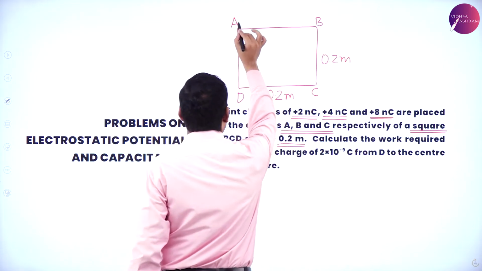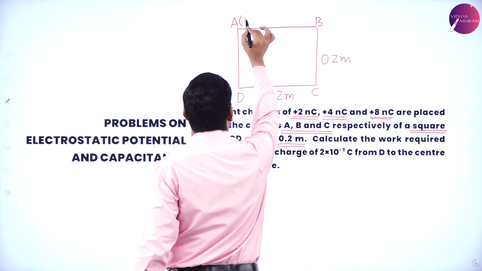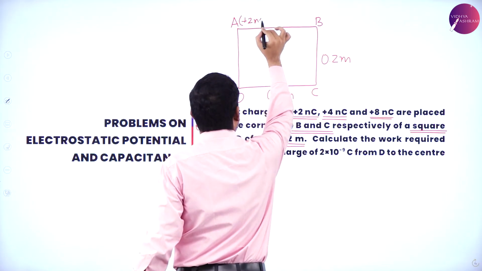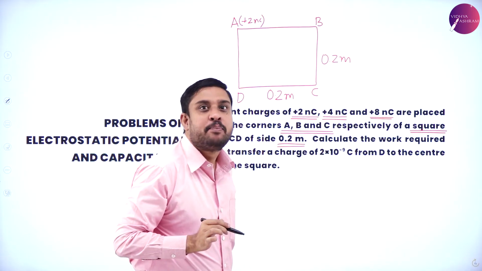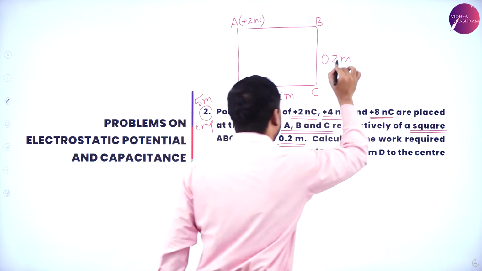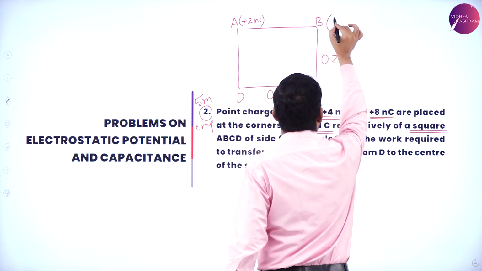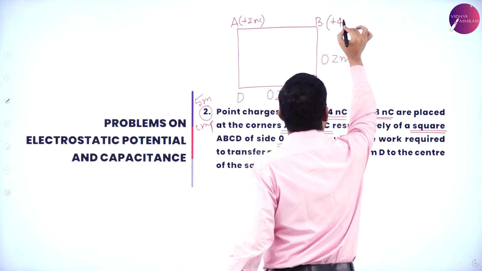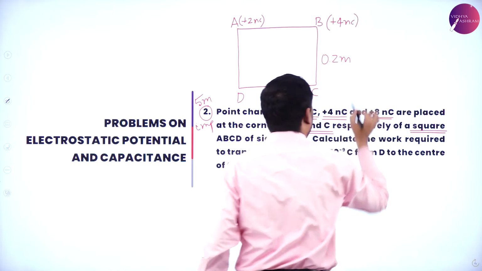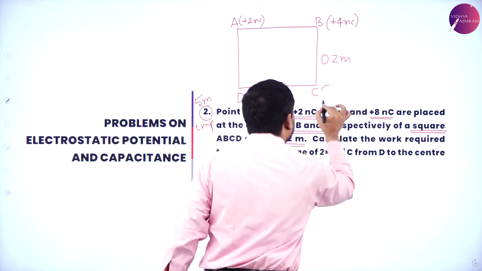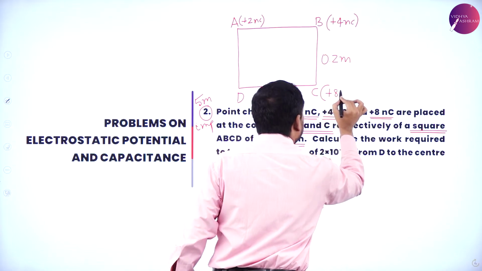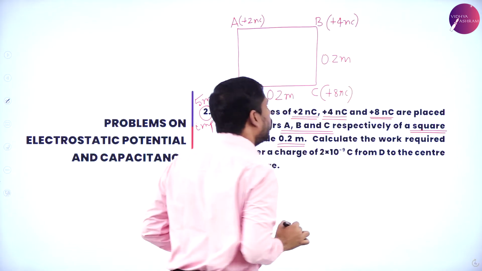Plus 2 nanocoulomb. Charge placed at B? Plus 4 nanocoulomb. Charge placed at C? Plus 8 nanocoulomb.